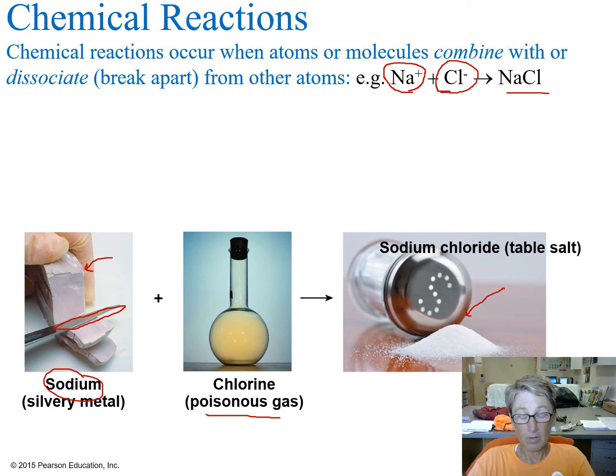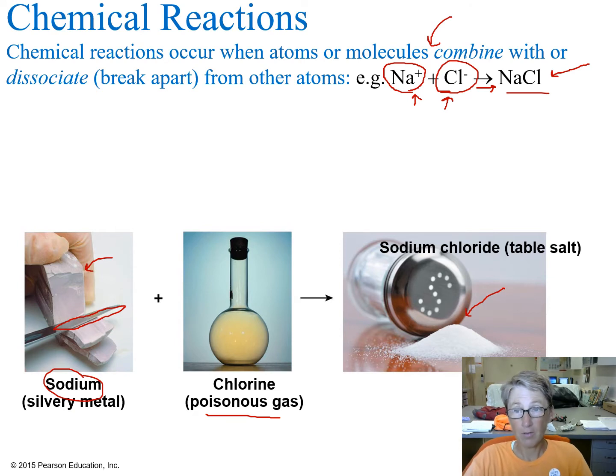This is a chemical reaction, and that occurs when atoms or molecules combine with, or dissociate, that means break apart, from other atoms. So in this chemical reaction, a sodium ion plus a chloride ion, and then you see the arrow goes this way, makes sodium chloride.